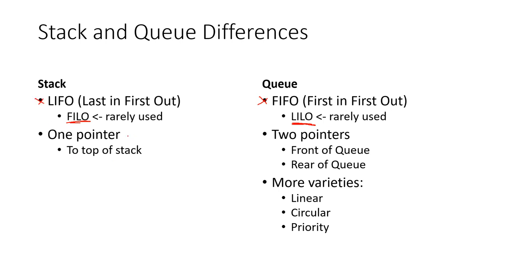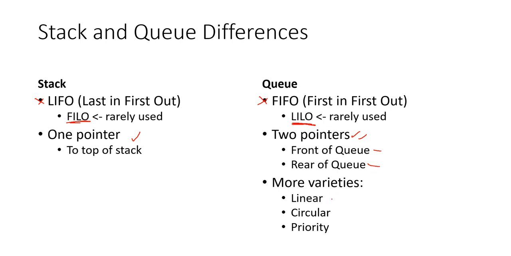The stack has one pointer to the top of the stack. The queue has 2 pointers, one to the front and one to the rear. The front to know where we're going to remove it from, and the rear to know where we're going to add the next thing to the queue. And the queue's got a few more varieties, as we briefly described a moment ago.